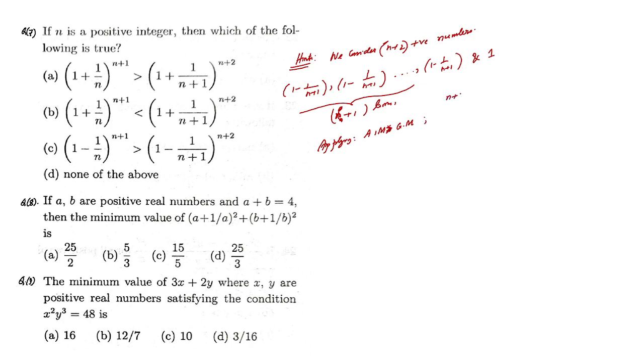So that means n plus 1 times, n plus 1 into 1 minus 1 by n plus 1, plus 1, by n plus 2. This is the arithmetic mean, that is greater than the geometric mean. That means 1 minus 1 by n plus 1, n plus 1 times, into 1, to the power 1 by n plus 2.